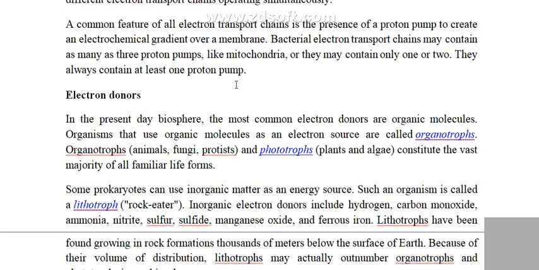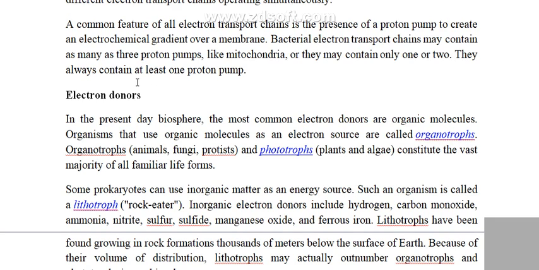So how are they pumped out? Usually the pumped protons form a proton gradient, and because of the formation of a large number of protons in the periplasmic space, it drives the synthesis of ATP.